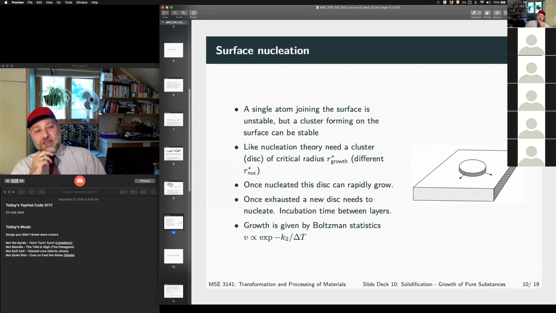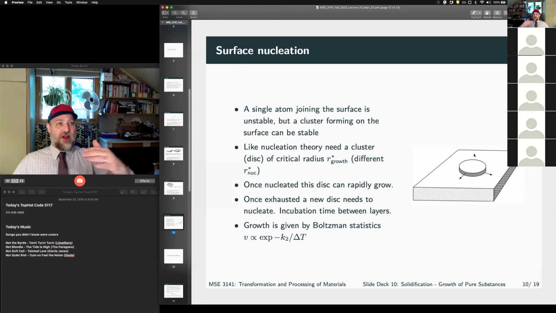So you can just think of a rule of thumb as a small undercooling is like 99 or 98%, maybe down as low as 95% of the melting temperature. So a larger undercooling is further away from the melting temperature. Large undercooling means smaller absolute temperature, farther away from the melting temperature.